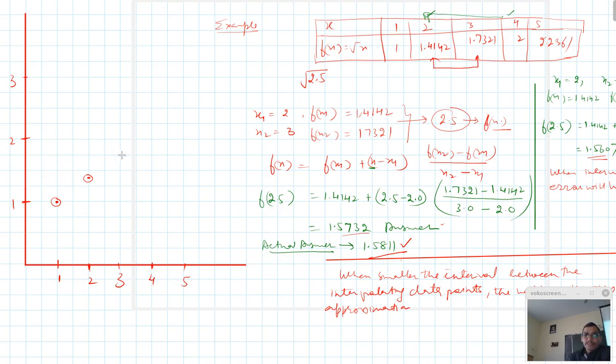1.73 will be here, roughly, and 2 will be lying somewhere here, and 2.23 is lying somewhere here.